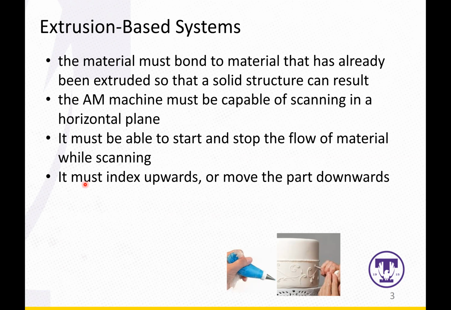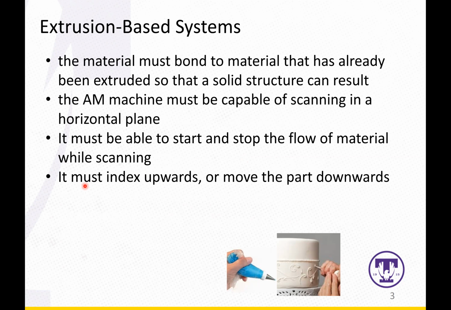And last but not least, the machine must index upwards or move the part downwards, such that you could have your Z dimension created. So all these factors will affect this kind of extrusion-based system.